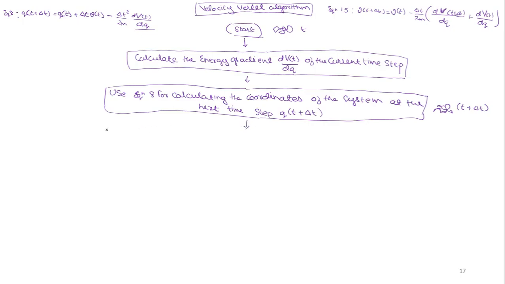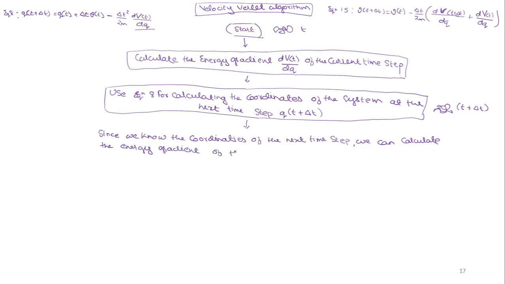Now since we know the coordinates, or simply the positions of atoms in our protein at the next time step, we can calculate the energy gradient of the time step t plus delta t.